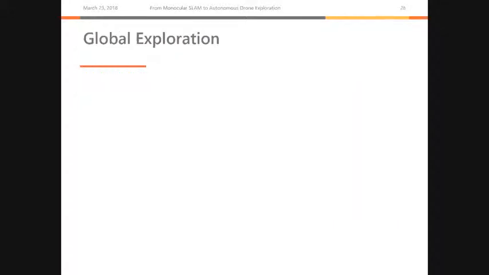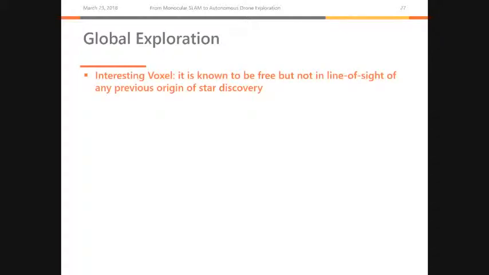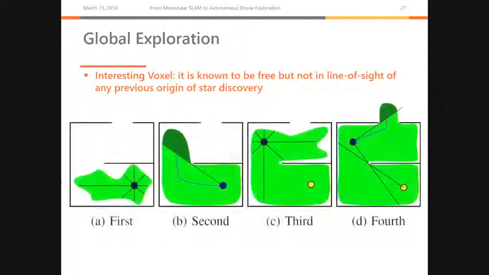Also, for global exploration, they define the interesting voxel. An interesting voxel is a voxel that is known to be free, but is not in the line of sight of the previous origin of a star discovery. For example, this is the first position of the drone, and this is the star discovery path.